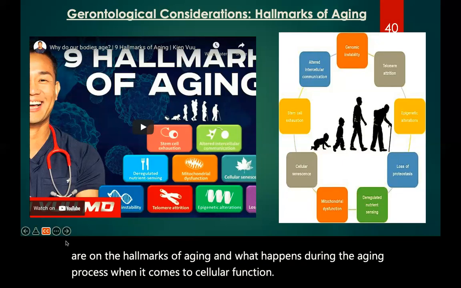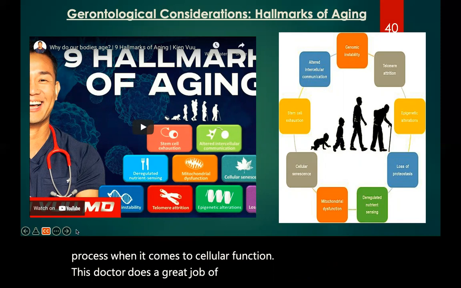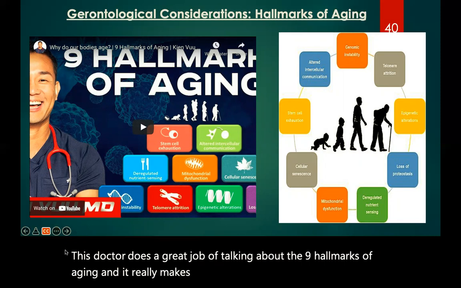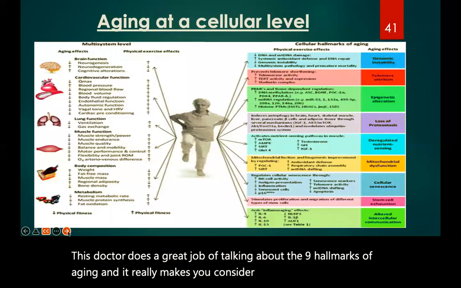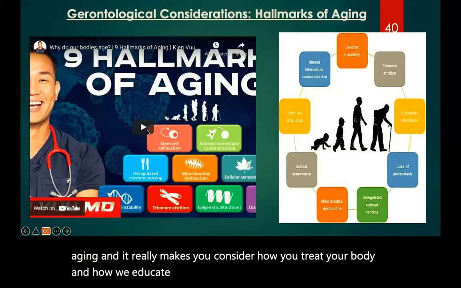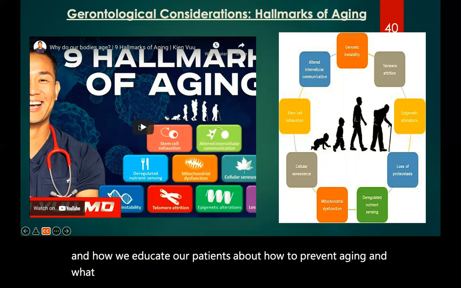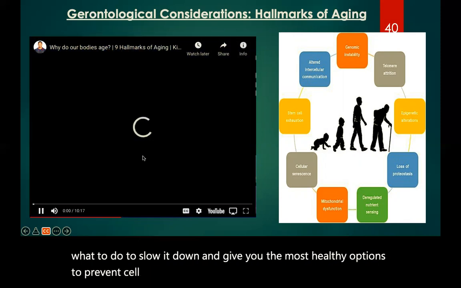This doctor does a great job of talking about the 9 hallmarks of aging, and it really makes you consider how you treat your body and how we educate our patients about how to prevent aging and what to do to slow it down and give you the most healthy options to prevent cell disease or cell death.